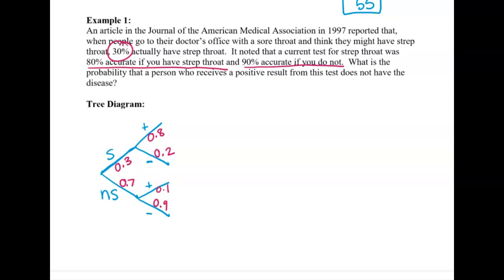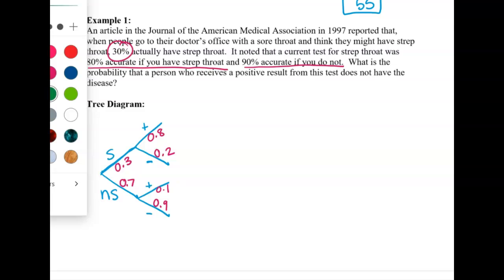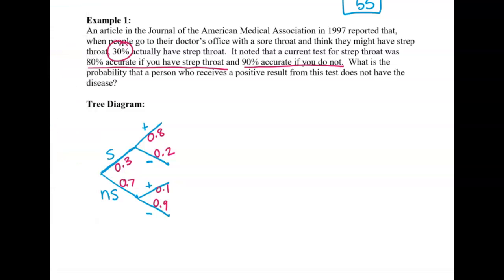So now from here, we'll multiply through. So here, strep and a positive test, our probability, we have 0.3 times 0.8, which is 0.24.